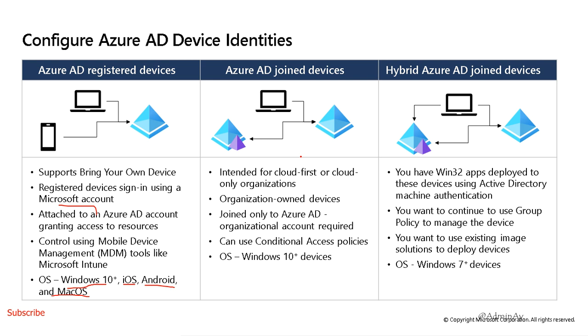So it allows them to apply more security protocols on that particular device. They have more control on that device than they do on a registered device. So AD joined devices are used for only Windows 10 and higher devices. It doesn't support mobile phones or the rest, just Windows 10 and higher operating systems.